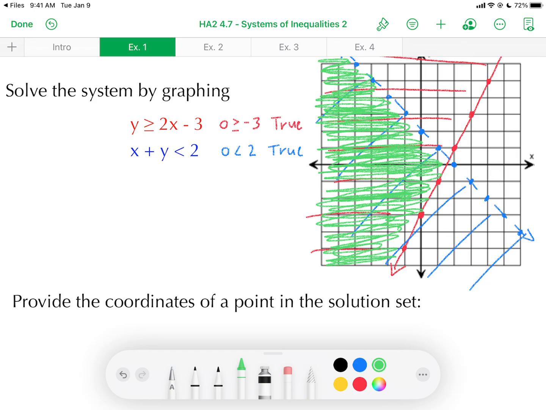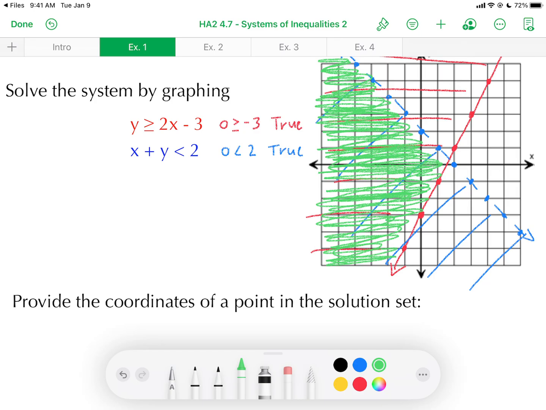All right, provide the coordinates of a point in the solution set. I put this in here because Delta Math, the pre-made problems they have with regards to inequalities, they ask for this second part as well. Sometimes students think that they need to give the intersection point between the two boundary lines. Well, understand that would not be a solution in this case. Right?